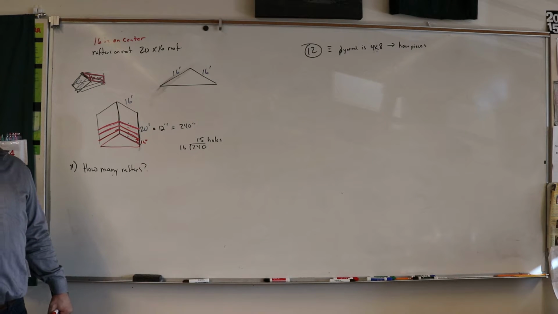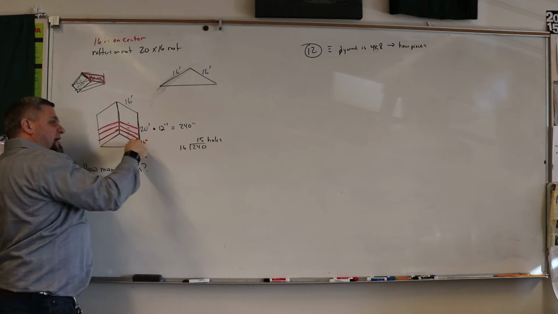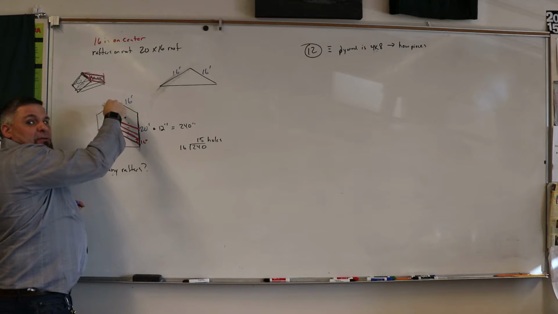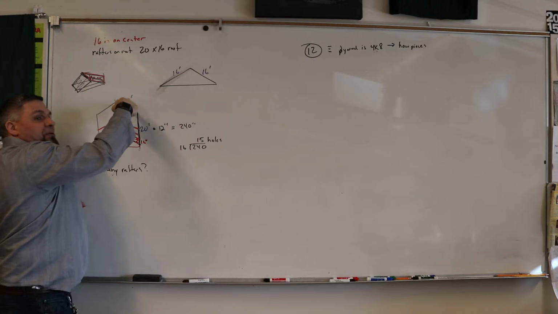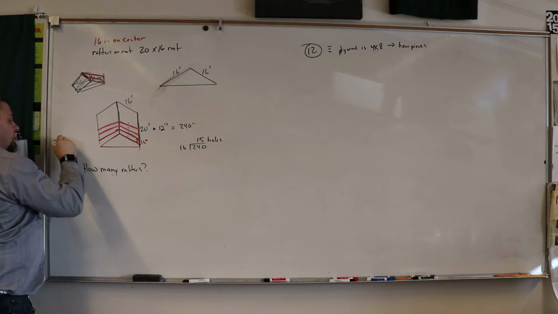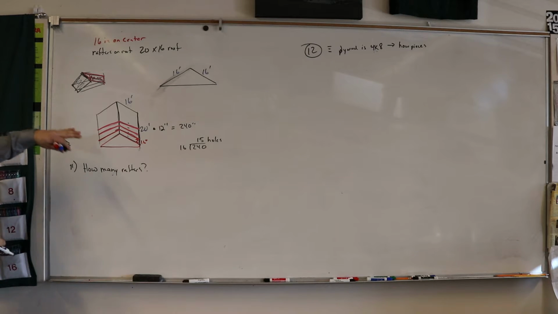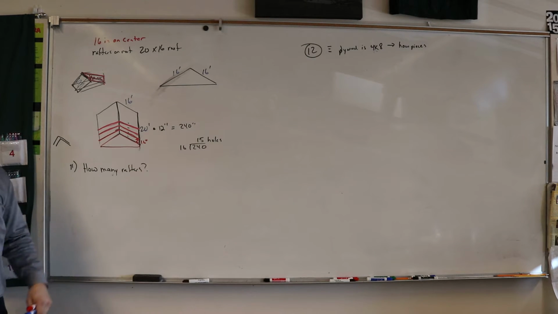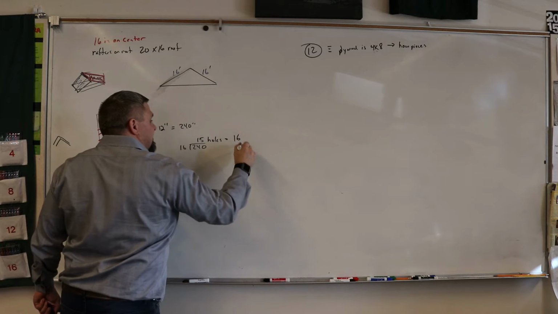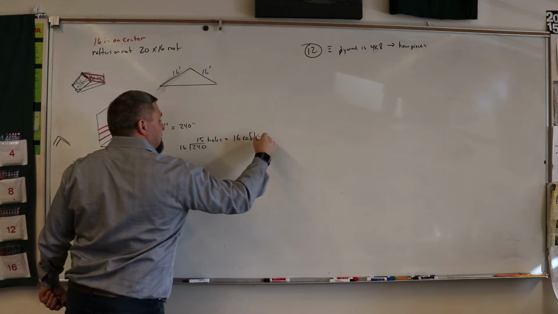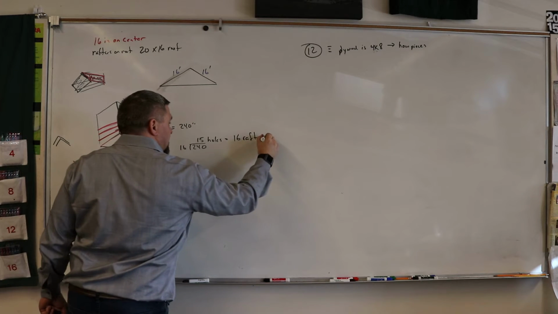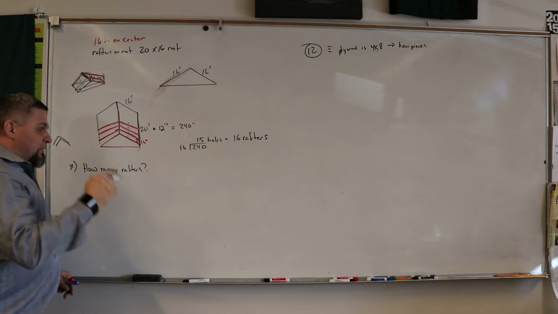We don't have 15 rafters, because if we make 16 holes, we'd have 17. If we have 15 holes, we'll have 16, right? So that means we need 16 rafters.